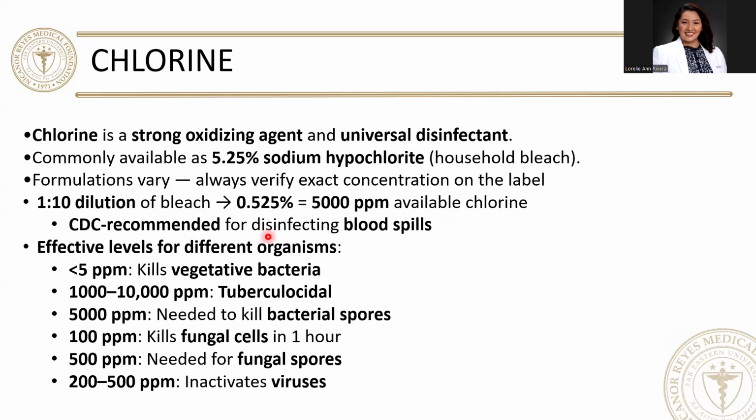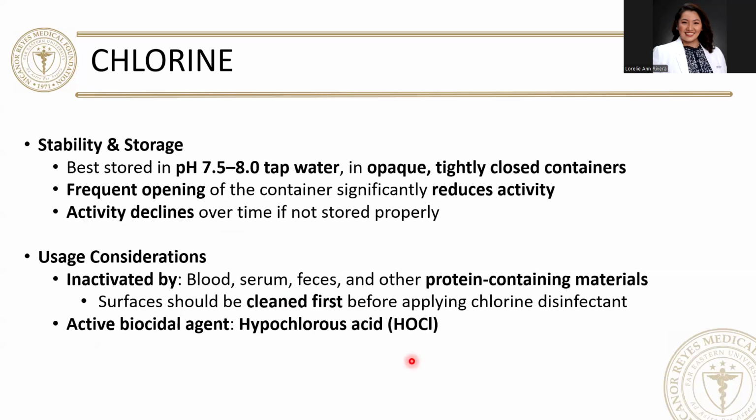So you do not need to memorize this one. It's just for you to know that as you increase the amount of ppm, it can kill different types of microorganisms accordingly. It is best stored in pH 7.5 to 8.0 tap water in an opaque, tightly closed container.